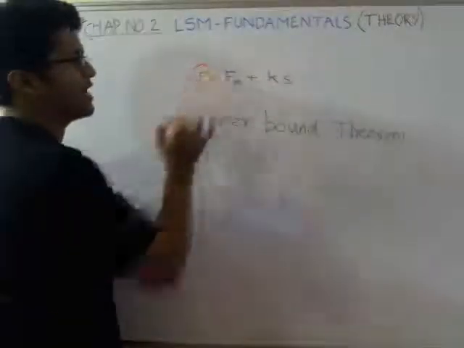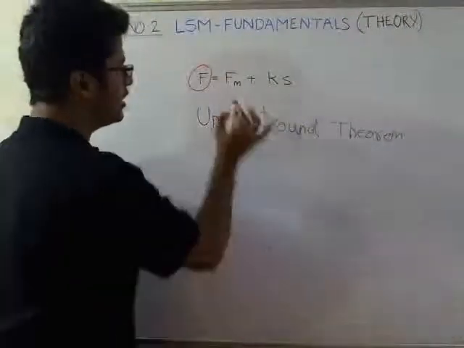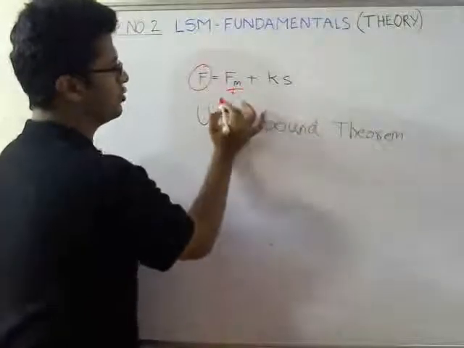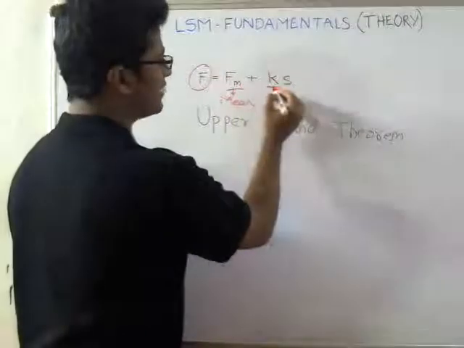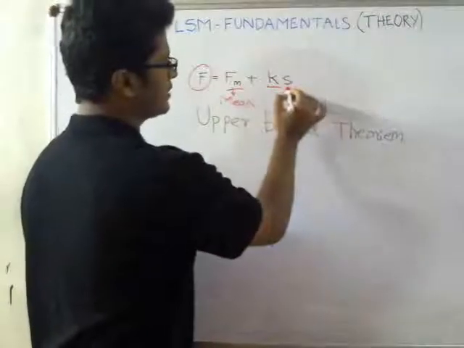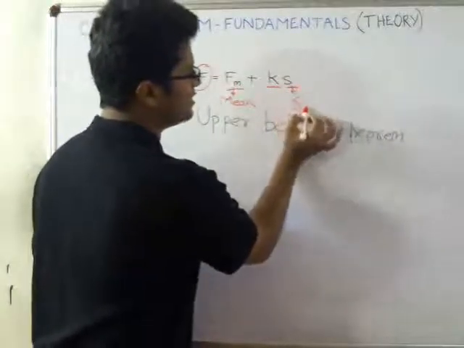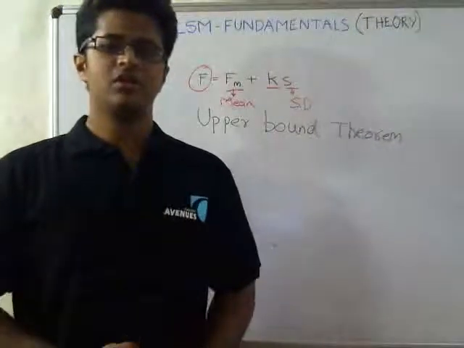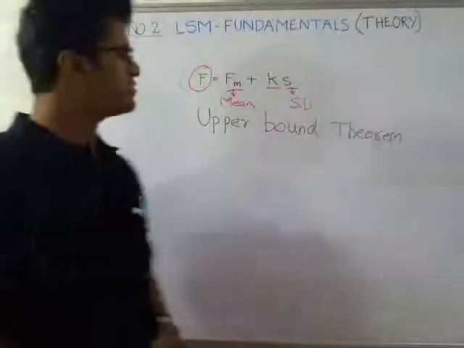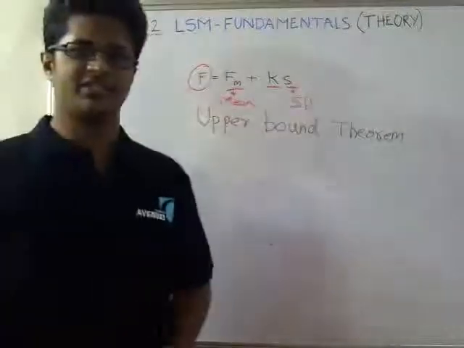Here F stands for characteristic load. Fm is the mean load. K is the factor. And S is standard deviation. We are going to do a few numericals based on this formula in our next session.